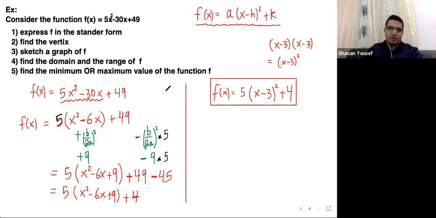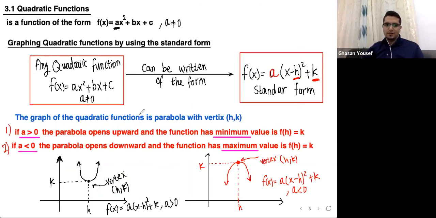You're welcome. So this is the first step. Now, the first step is done. I found the standard form. This is very important here. Now I can solve numbers 2, 3, 4, 5 by using the standard form. Find the vertex. What is the vertex? Look here. The graph of the quadratic function is a parabola with the vertex (h, k).